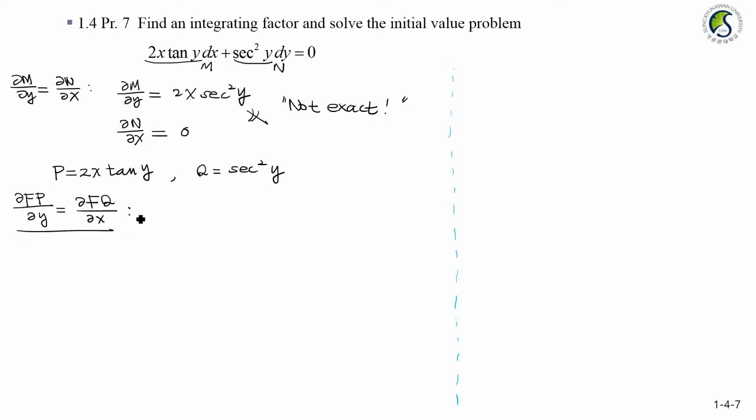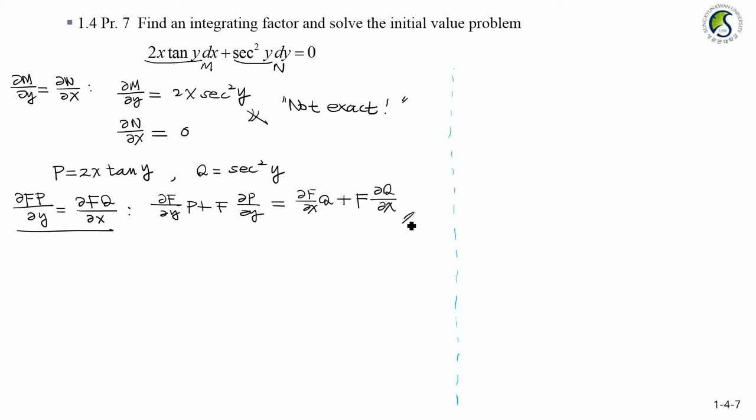This condition has to be met to be exact. So from here again, df over dy times P plus f times dP over dy equals the partial differentiation df over dx times Q plus f times dQ over dx.